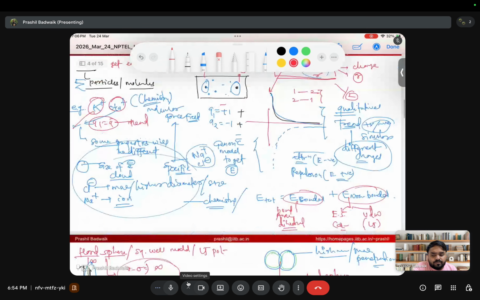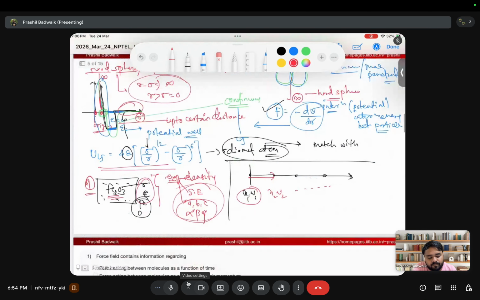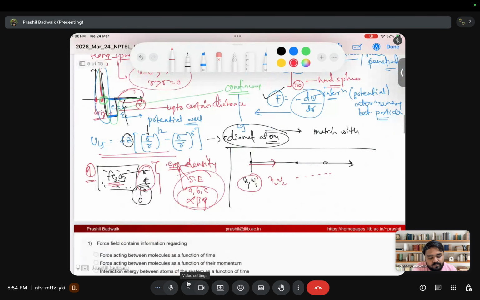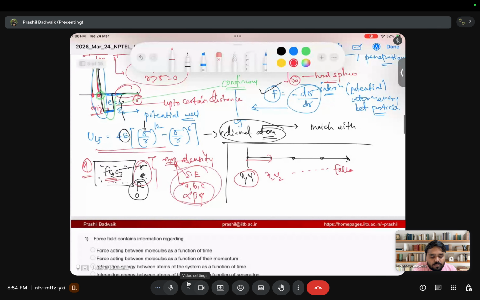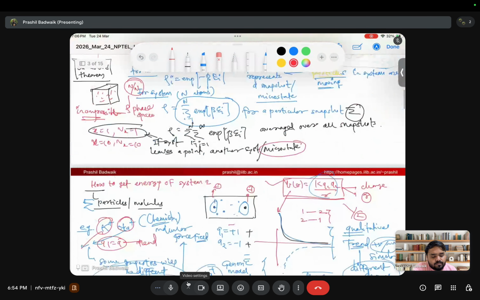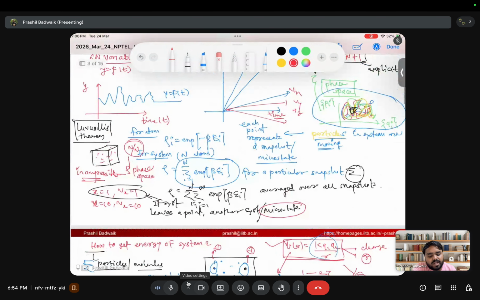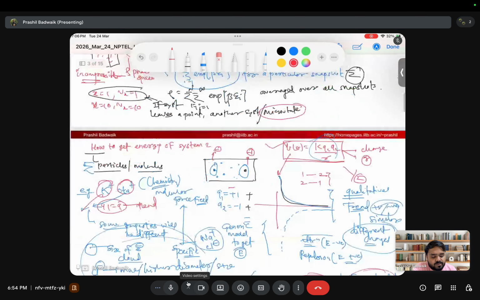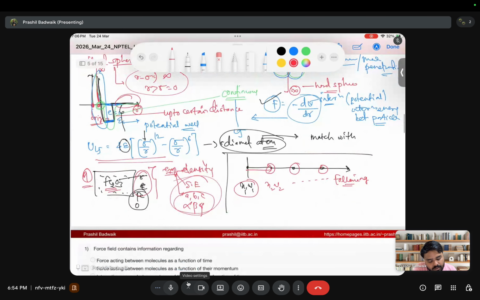So I'm following time, right? And what does each state represent? It represents a point in phase space, just like what I have drawn over here. I'm moving in space and sampling this space. So if I draw it correctly, this is my space where I am evolving the system. So I can follow the time, and this method is called MD, where we solve Newton's equation of motion.